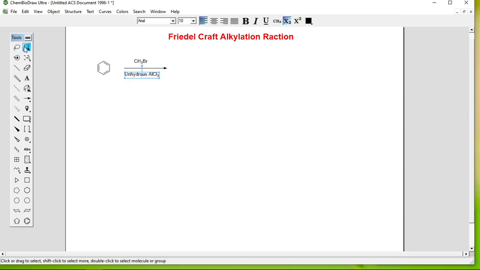The methyl group adds to benzene, and you will get methylbenzene, also called toluene.